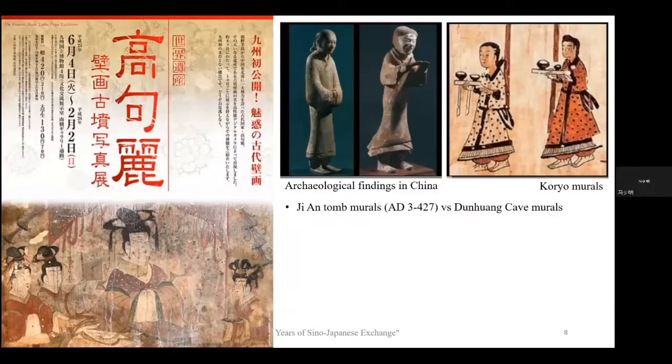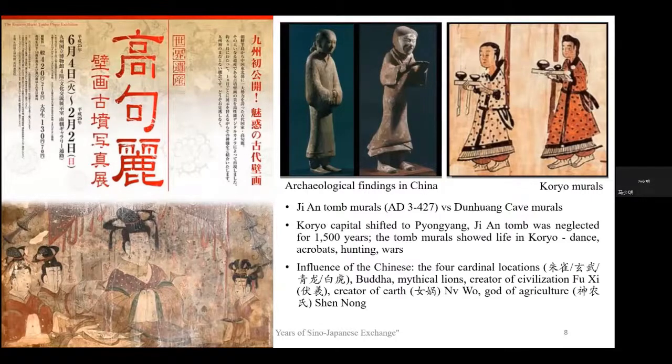Now, a little bit more about the Korean Peninsula, and there are some archaeological findings in China, which you can see on the screen, as well as some Koryo murals, where Koryo shifted the capital to Pyongyang, and they found this Jian tomb, which was neglected for 1,500 years. When the archaeologists excavated, they found that the tomb murals showed life in Koryo, which was very similar to a lot of the archaeological findings in China.